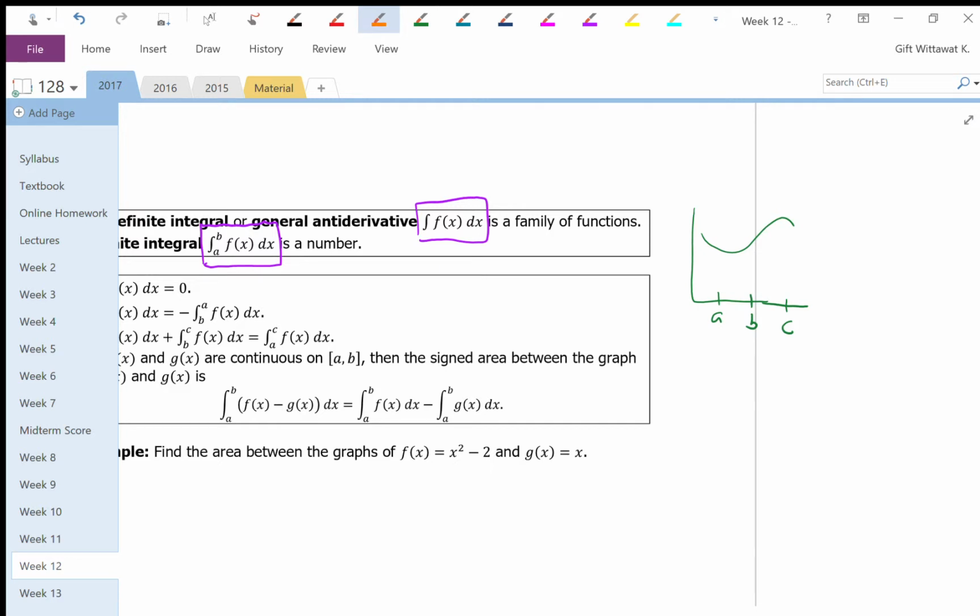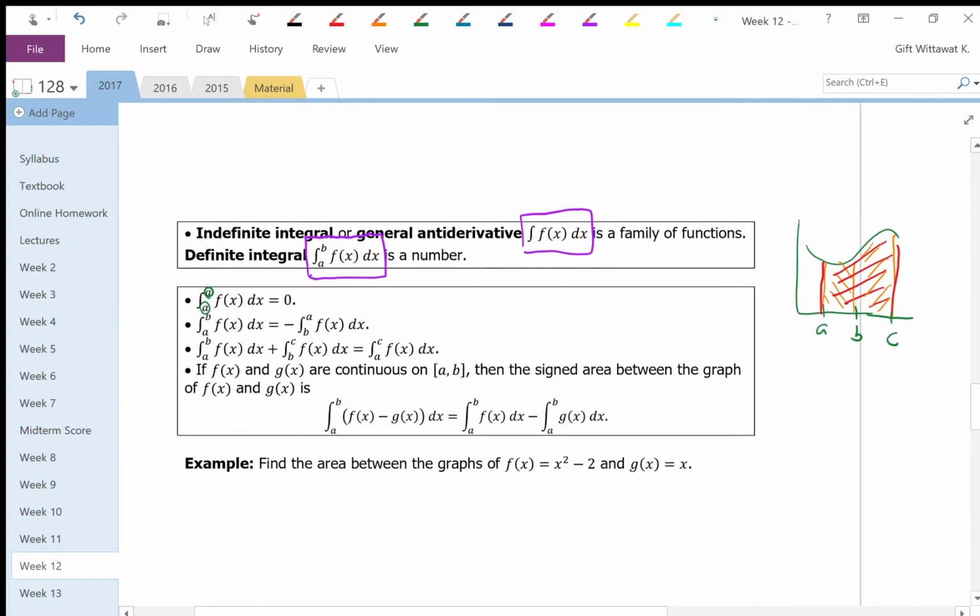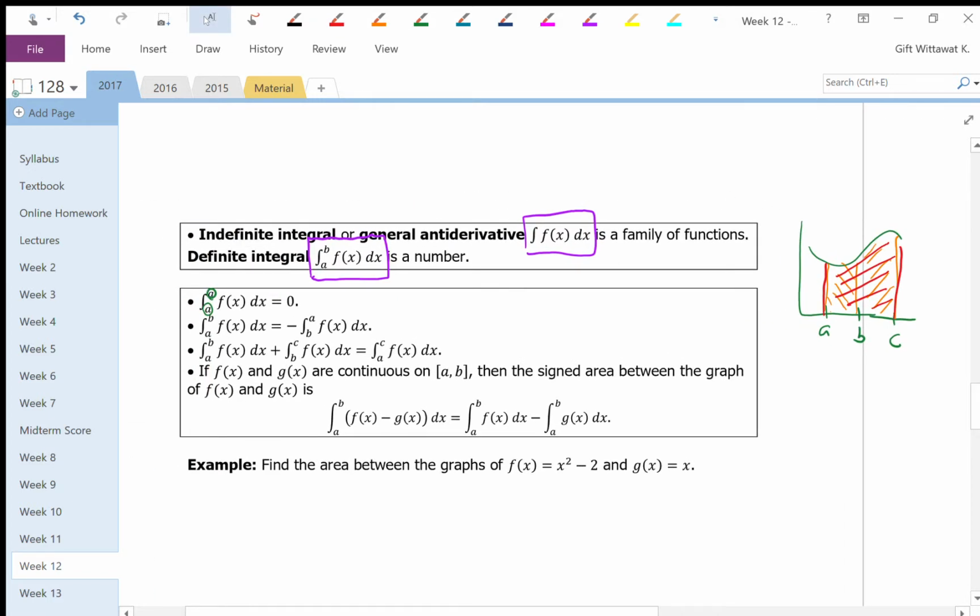Because area is additive, if you compute the area from A to B and compute the area from B to C and add them up, you will get the area from A to C. So that makes a lot of sense. And so that's the third one.